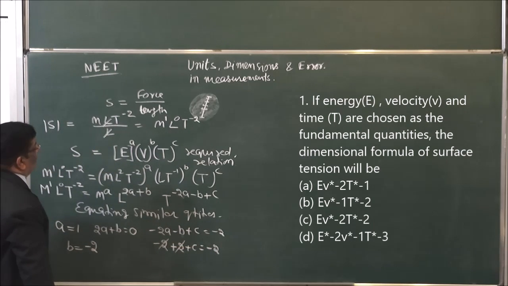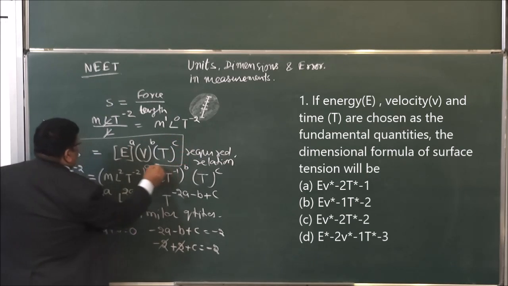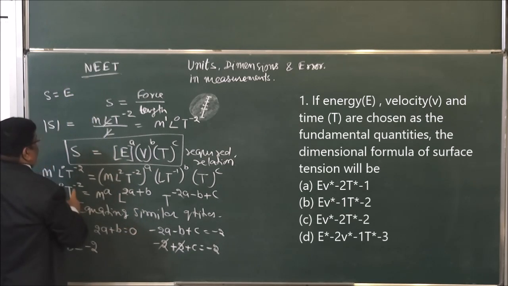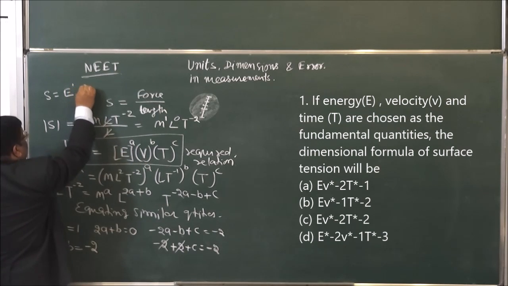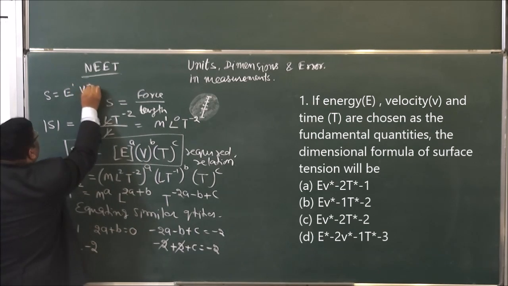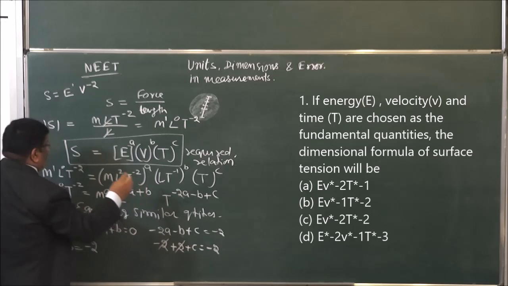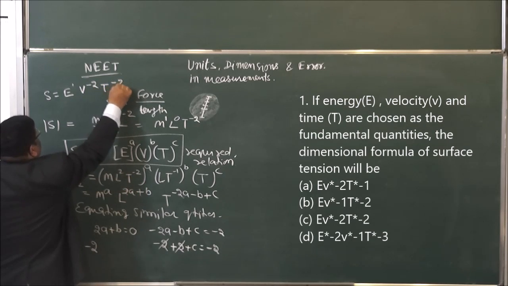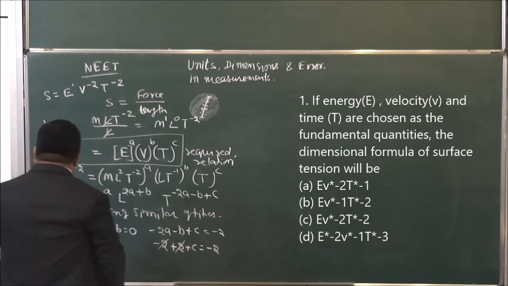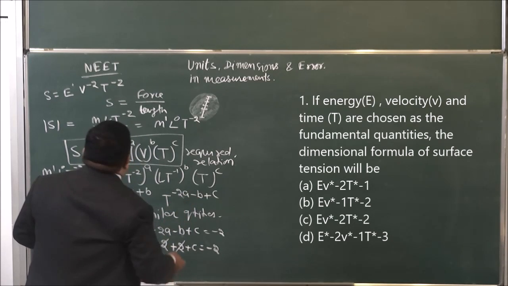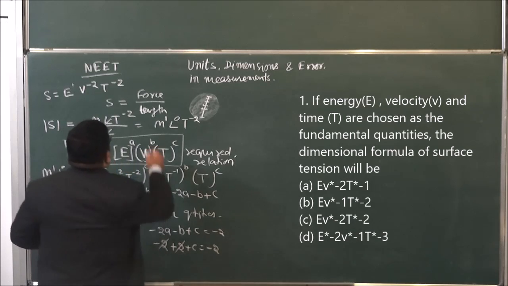Now we have A, B, C, and we can write surface tension is equal to energy to the power 1, velocity to the power minus 2, and time to the power minus 2. Now we check the given options, and this is option C. Option C is the correct option.